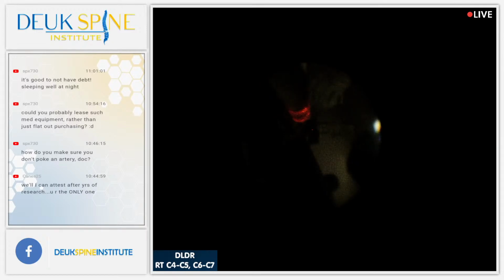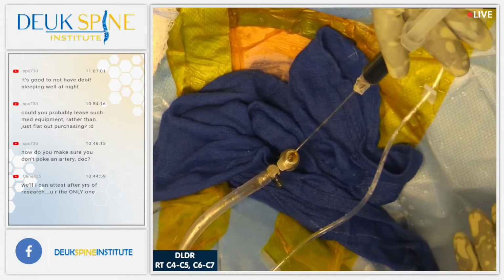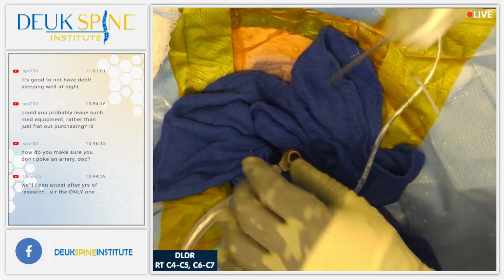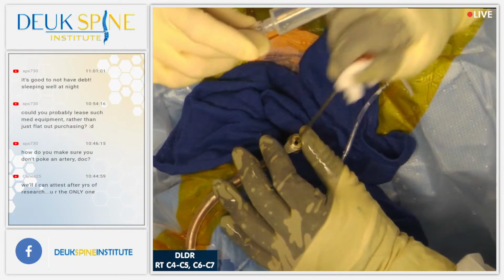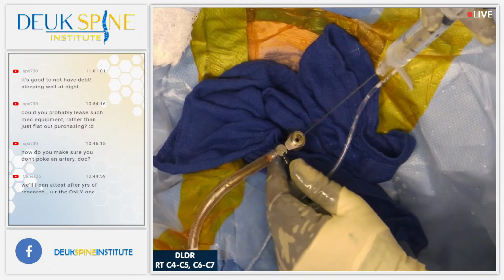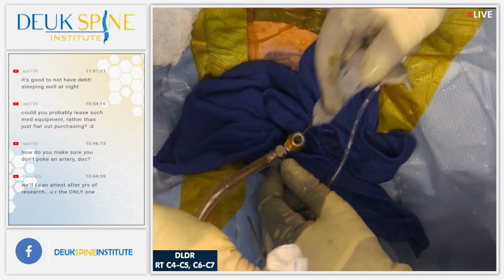Okay, great questions. And if you have more questions, feel free to type them up. But we've just done a cervical Duke laser disc repair for 2 herniated and degenerated discs in this patient's neck. The bottom disc, C6-C7, was really the herniation, and the top disc was more degenerated.